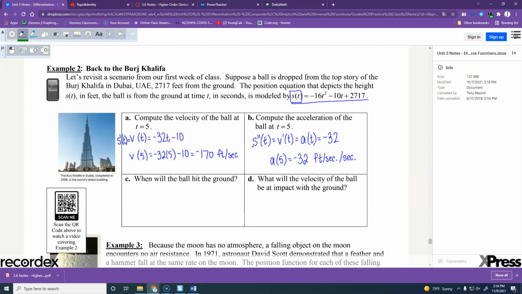Terminal velocity involves air resistance. So in this case, we're ignoring air resistance, so that would be a different calculation. Because terminal velocity would be different for different things that you were dropping. It would have to do with when your air resistance and your acceleration even out, I guess. So it can no longer accelerate because of air resistance.